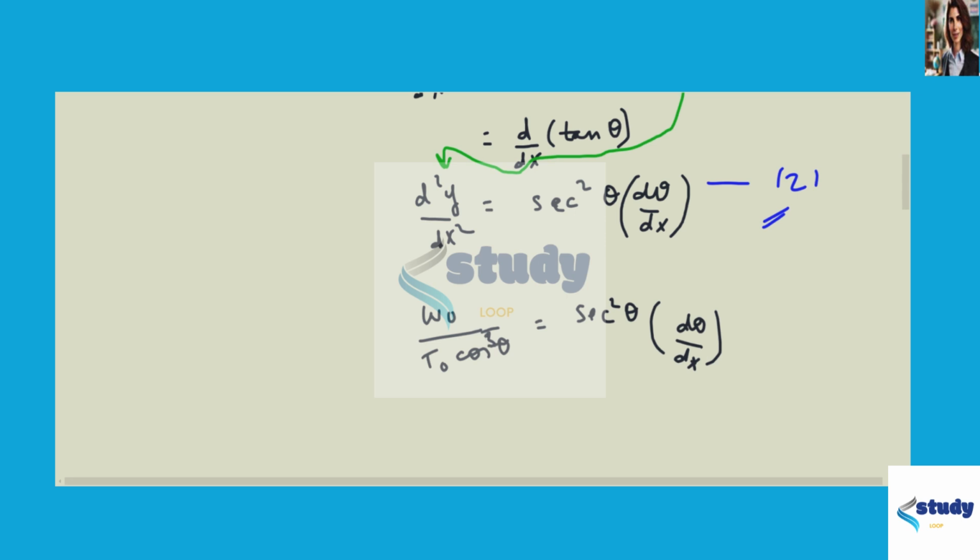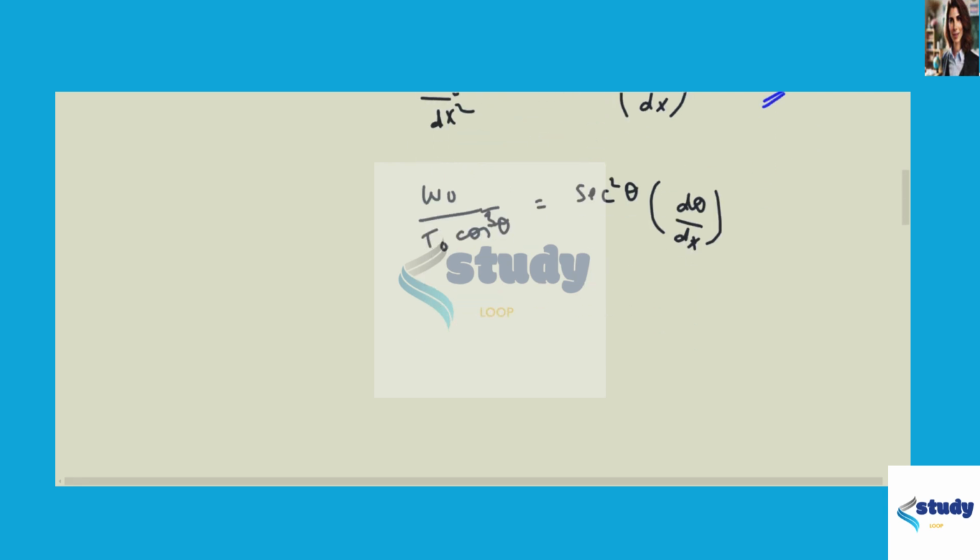Okay. So from here we can write d theta over dx as w naught over t naught cos cube theta and secant square theta. As you know that cos and secant are inverse of each other, so this becomes d theta over dx is equal to w naught by t naught cos theta.